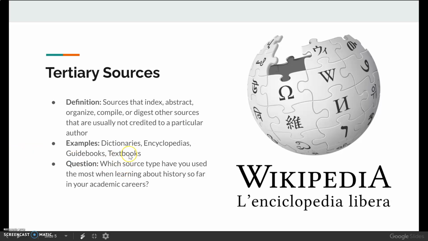I used mostly textbooks and encyclopedia entries in middle school. I didn't really get into using primary sources quite yet, which you're going to be doing this unit. And I also didn't really get into secondary sources either. I honestly think secondary sources are one of the hardest sources to crack, but I think they're one of the most valuable. But again, all sources have their strengths and weaknesses.